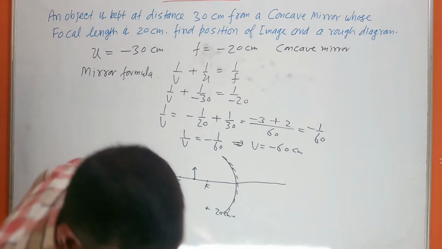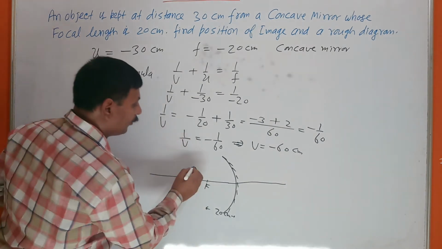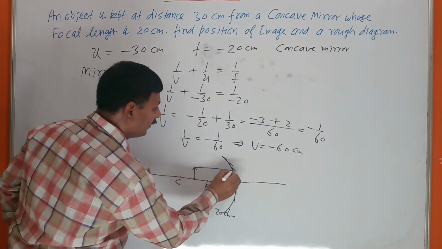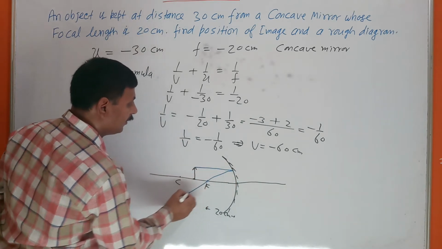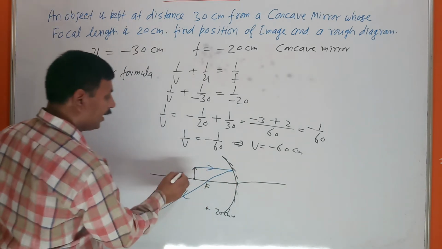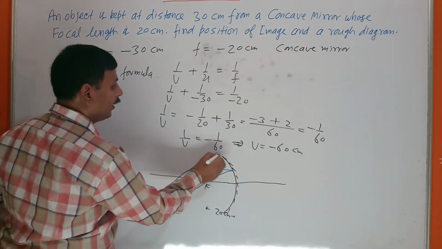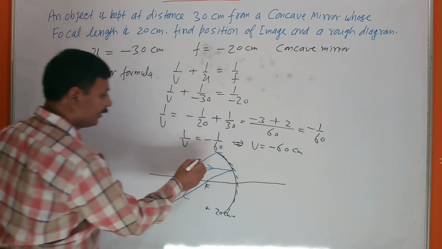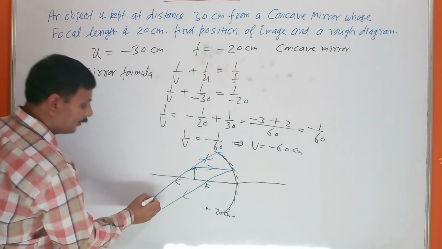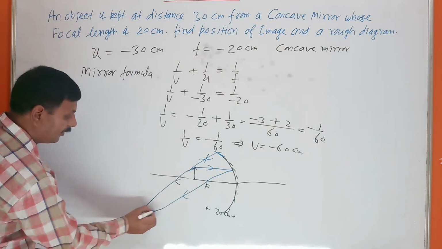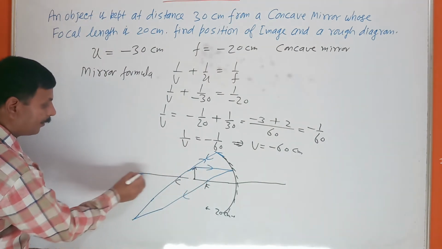So what will be the image formation? See, I have told you parallel lines will pass through the focus, and the ray through the center of curvature will be reflected back along the same path. If you see, they will intersect somewhere.